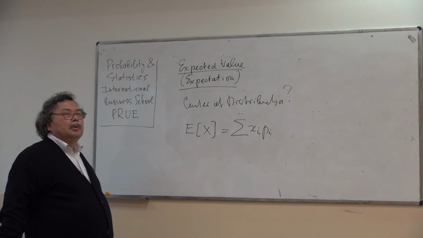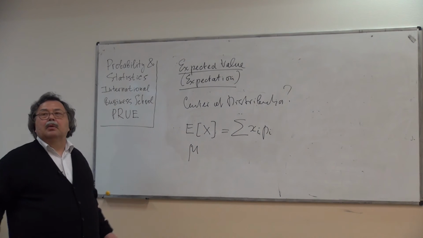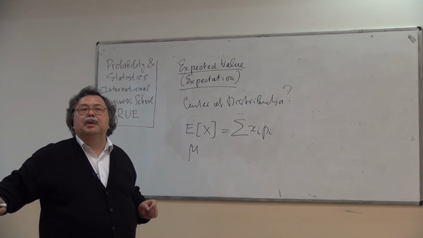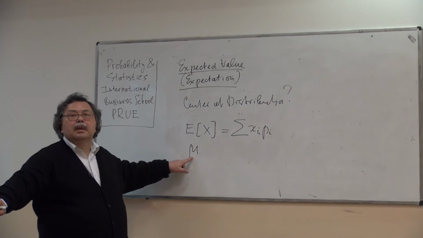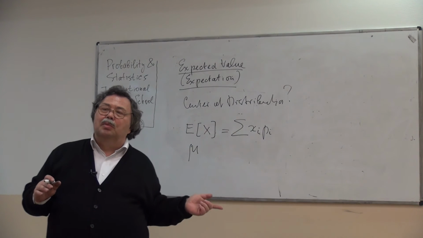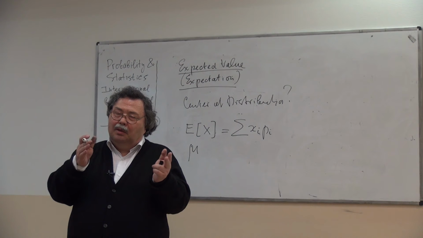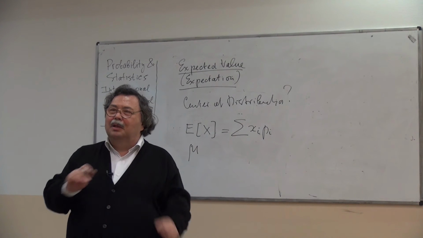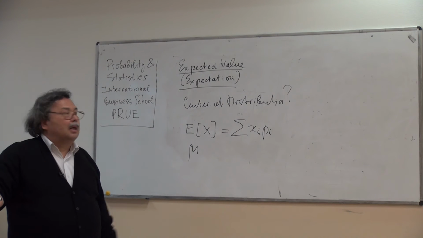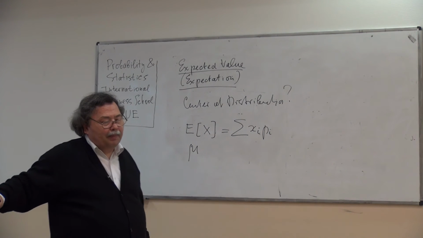Well, there is an alternative notation. This. Now let me tell you that this E, capital E, is more typical for probability theory, and mu, a Greek letter, is more typical of statistics, or at least it used to be this way. But now, because the two sciences kind of merged, integrated, this term is also widely used in probability theory. So E, expected value, and mu is the same thing.